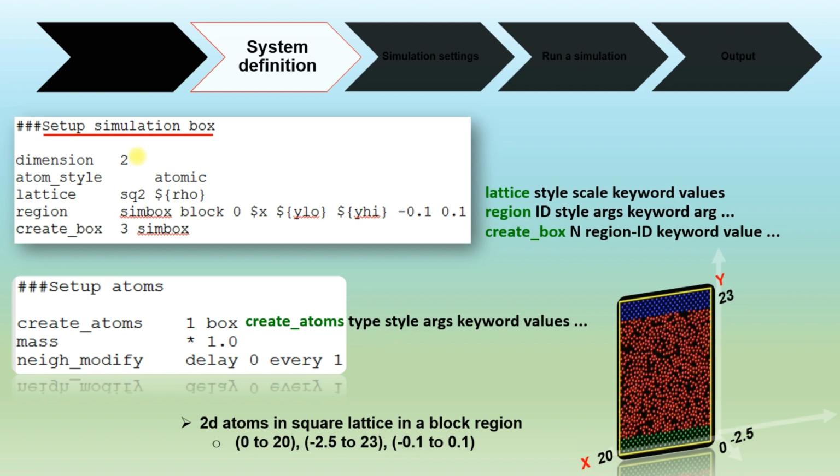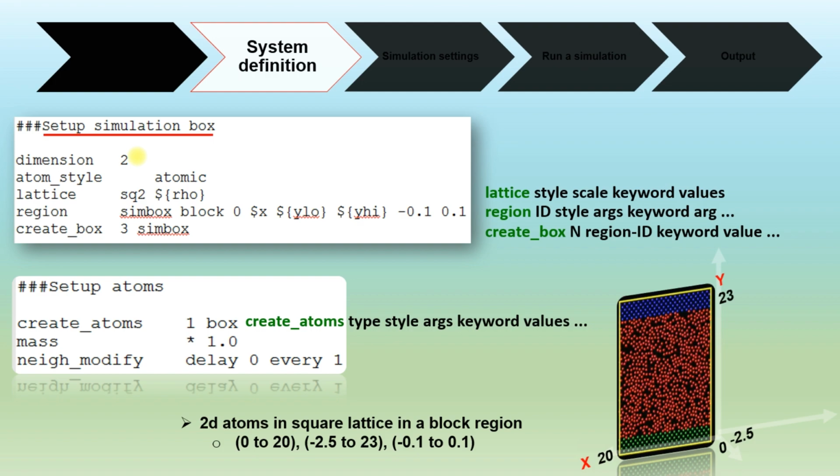Type defines the atom type, and for the box style, the create atoms command fills the entire simulation box with particles on the lattice points, and one or more keyword pairs can be appended, and of course nothing is required here. For the particular case, no keywords are required here.